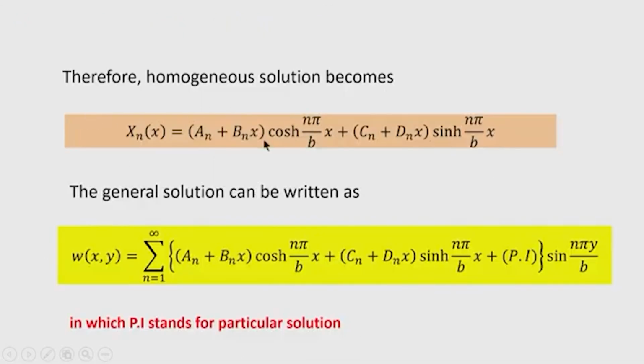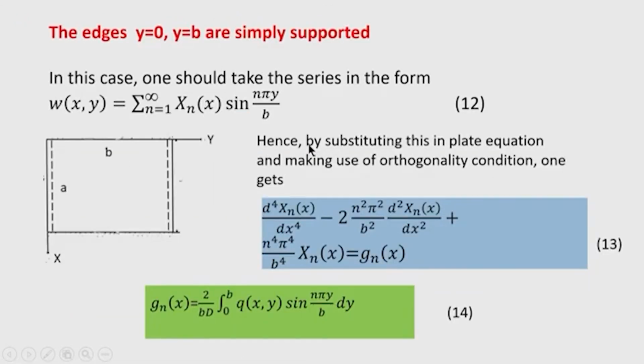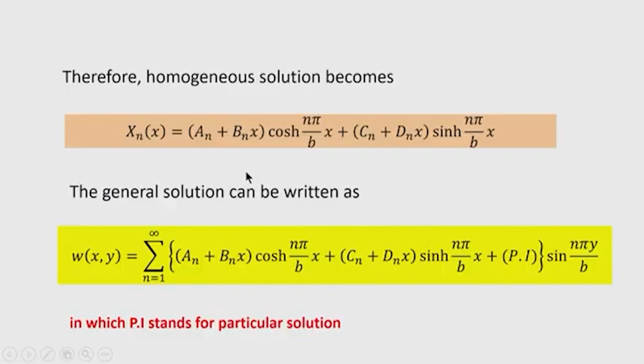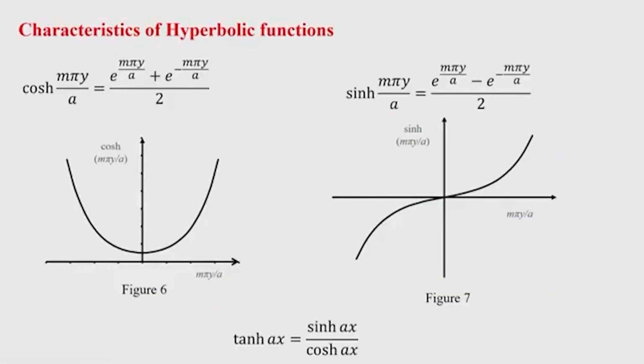So, here you can see that if I plot this graph with m pi y by a, then cosh is a symmetric function. It is symmetrical with respect to the x and y axis. But if we plot sinh(m pi y by a), we will see that it is an antisymmetric function. So, that is the difference. Here cosh is a symmetric function and sinh is an antisymmetric function.